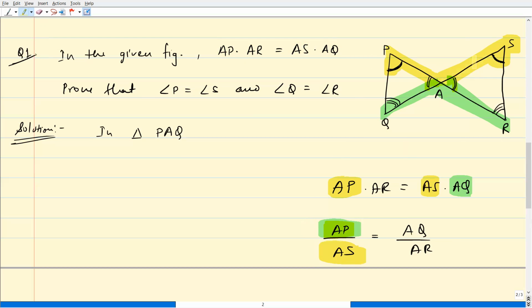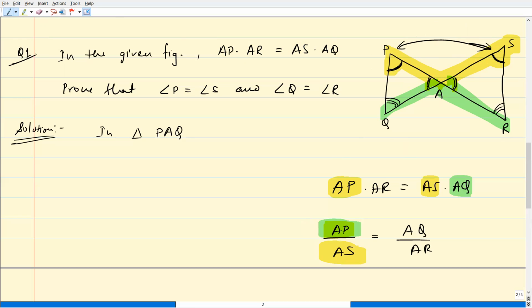AS on the other side, right? So these two sides are the corresponding sides. A is the common vertex over here, and AP and AS are not equal in this case, but the ratio of these two sides is equal, which means these two are the corresponding sides. So the corresponding vertices also will be P corresponds to S, and A will correspond to A only.